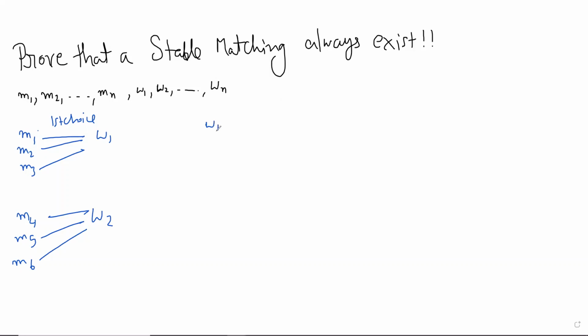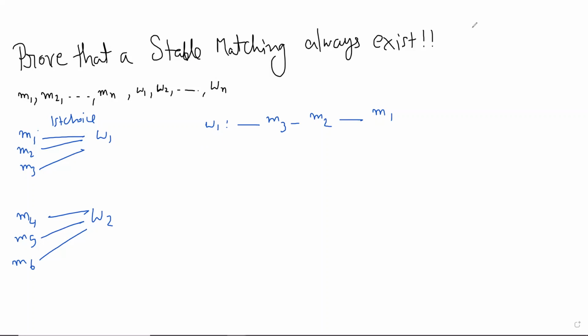Women's list W1, and let's say in that list M3 is somewhere higher than M2, somewhere higher than M1. There could be things in between, we don't know. No, but okay, so let's first try to understand the algorithm, right?